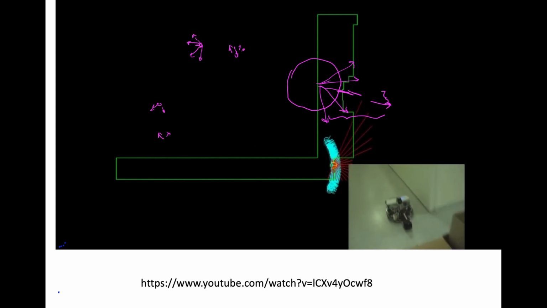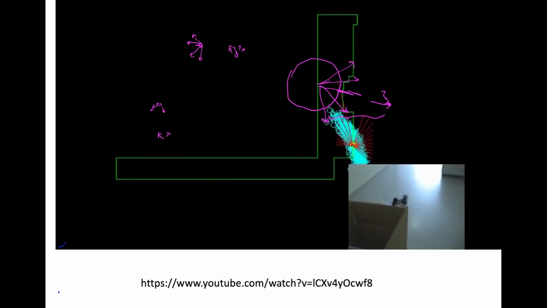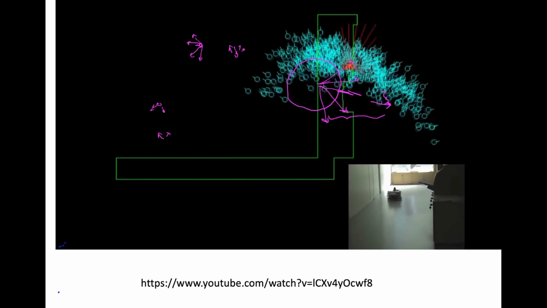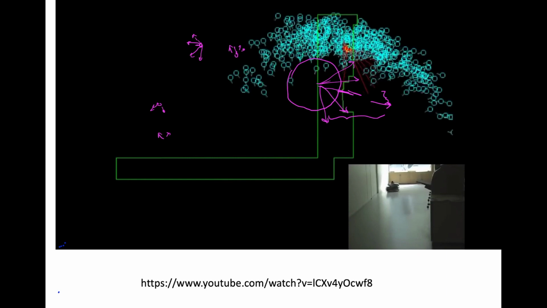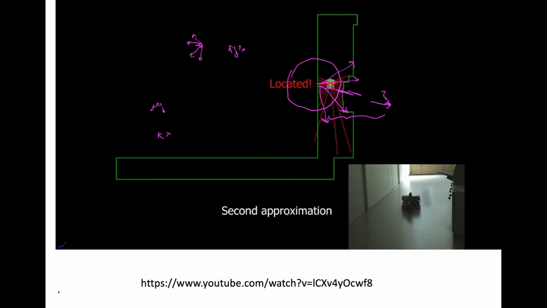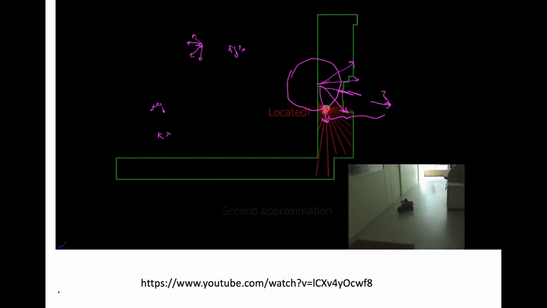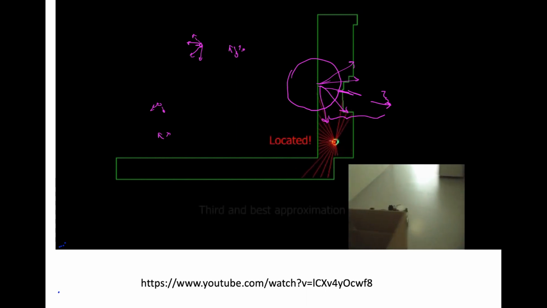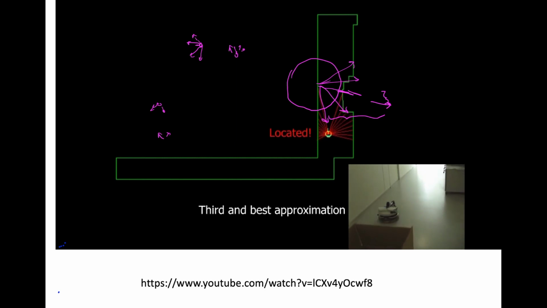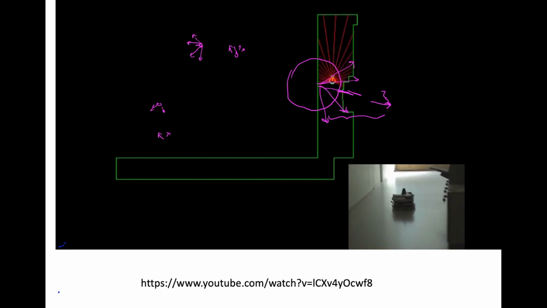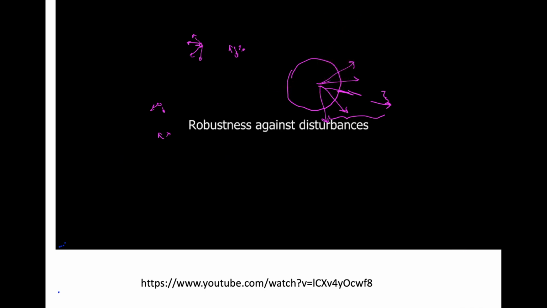It'll have a number of particles, and then it regains its track of where it is in the environment. And the more distinguishing features you have in an environment, the better it gets with maintaining its track. And now it's relocalized again. Okay, so that's Monte Carlo localization, and you can think of it as a form of max likelihood, where your likelihood is over the laser returns, comparing that of the robot with those of the simulated robot guesses.